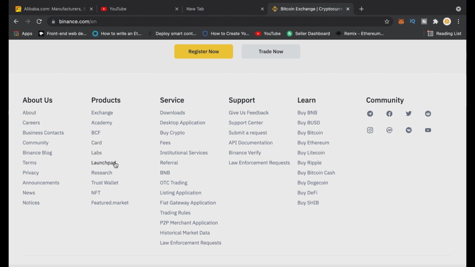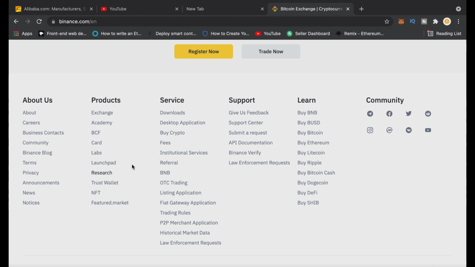Basically, the Launchpad is the area of the site where a project is added before it is listed, and there is room for people to commit their BNB or whatever coin is going to be exchanged with the particular project that will be added here.